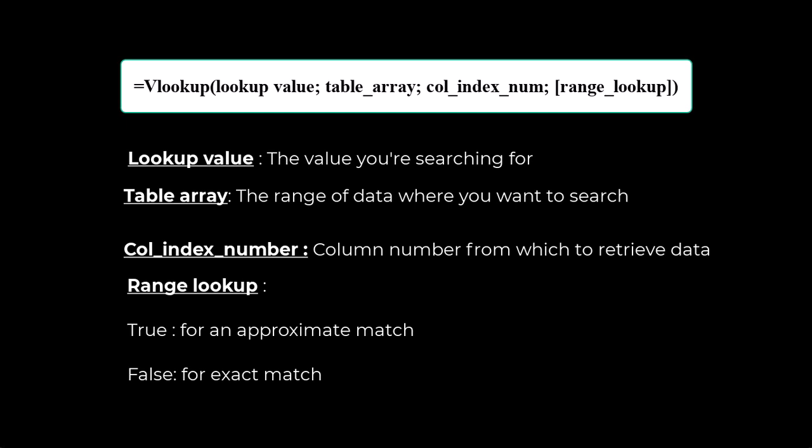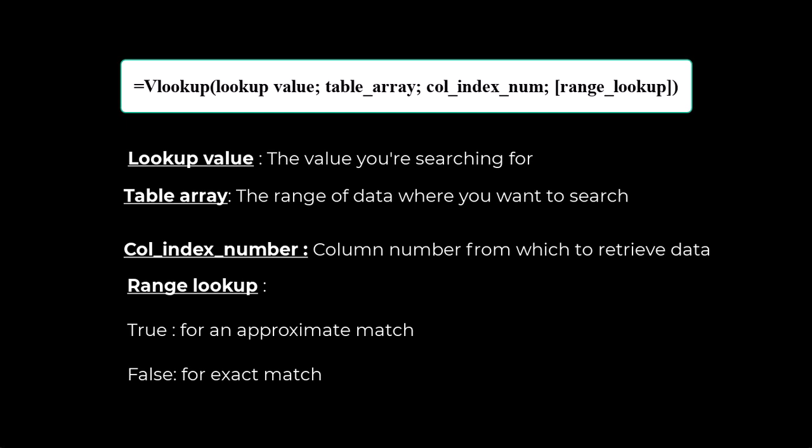When we write a function in Excel, it always starts with an equal sign, then the name of the function you will use. Here we will use VLOOKUP, then open the parentheses.